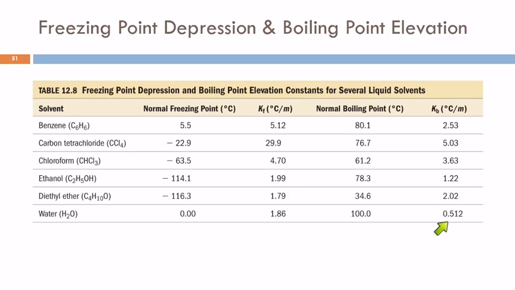The boiling point constant is 0.5. So it's not going to go up as much. Carbon tetrachloride, look at that, 29 and only 5 over here. So generally the boiling point is affected less than the freezing point, but some of them are more similar, like chloroform. Chloroform's pretty similar.